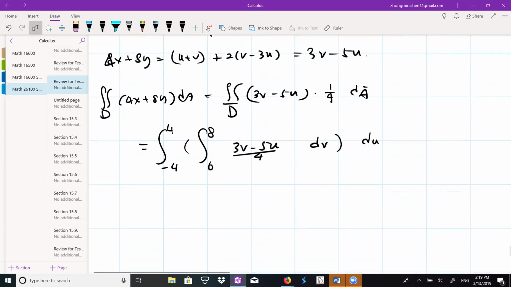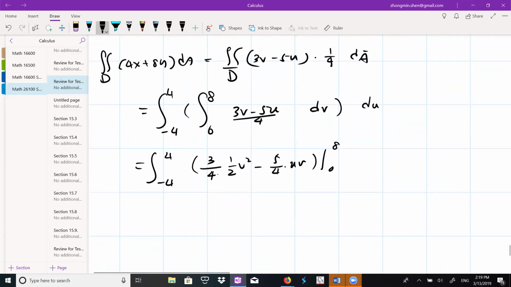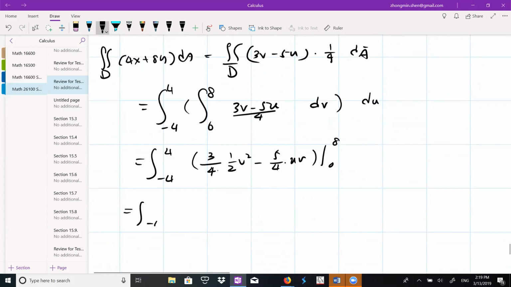All right, so let's evaluate. The antiderivative of this function is going to be 3/4 times half of v squared minus 5/4 u v. Evaluate at two endpoints. So you just need to plug in 8. That's going to be 3/4 times 8 squared over 2 minus 5u times 8.